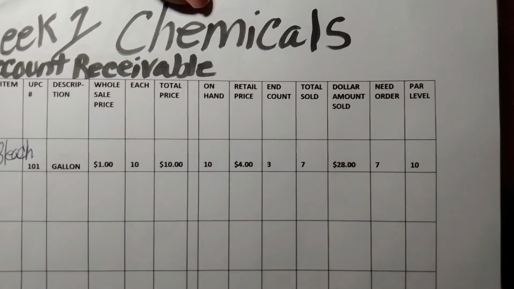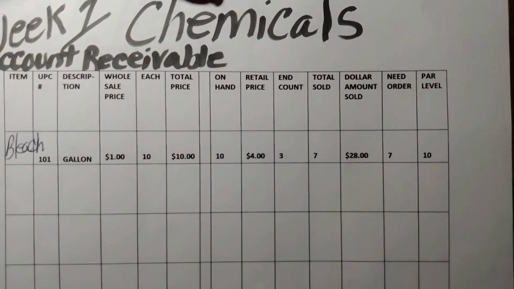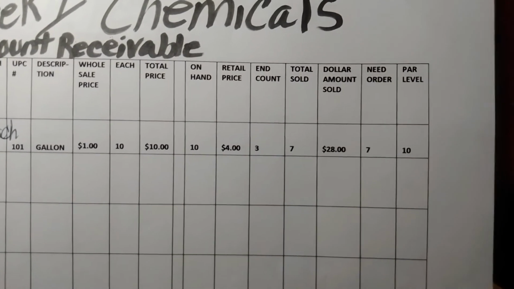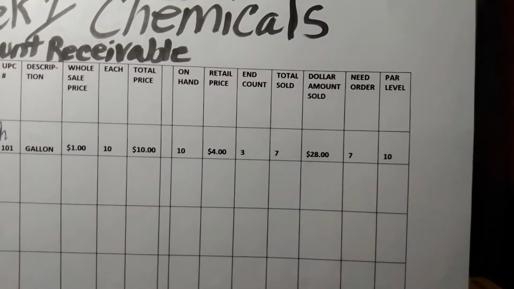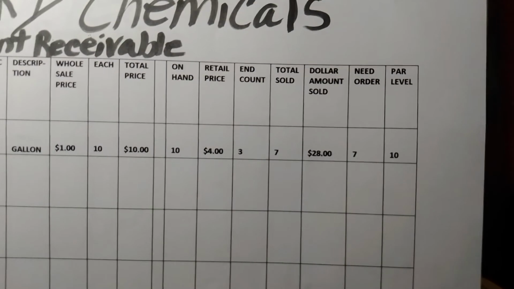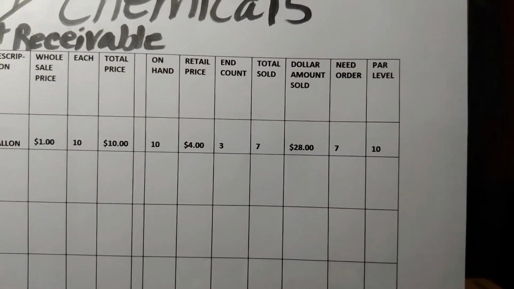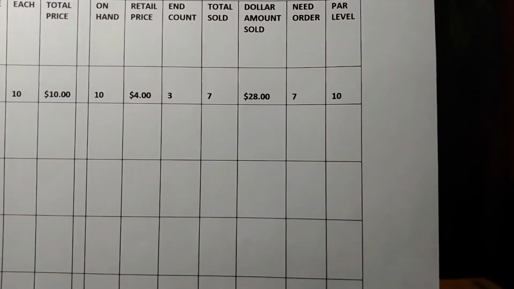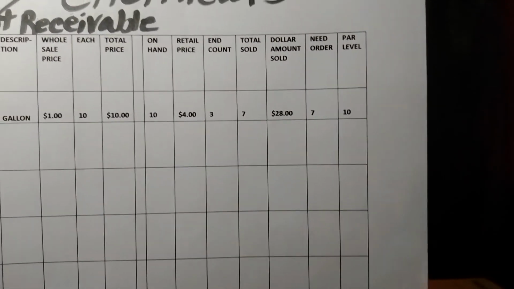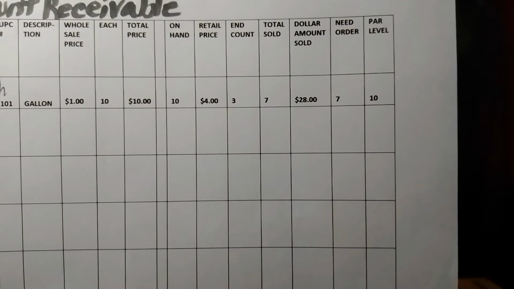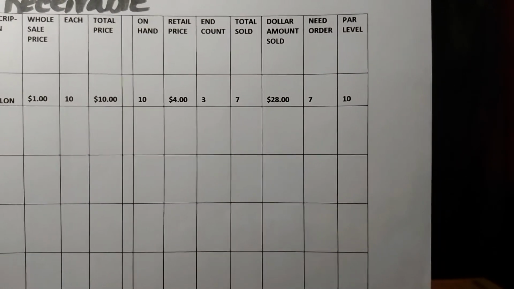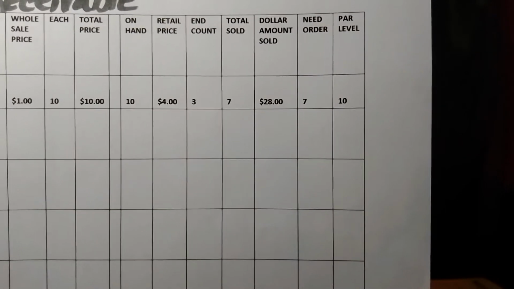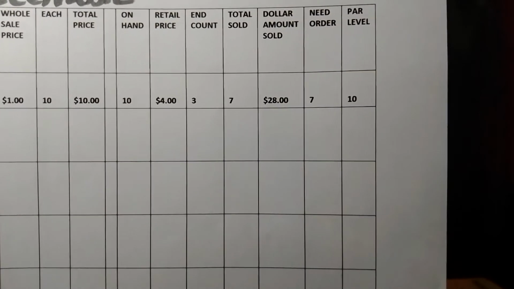When we went to count your inventory, you only had 3 left. So that means you see total sold, you sold 7. Your dollar amount that you sold is $28. Why is it $28? Because you sold 7 and they $4 a piece. So your dollar amount sold is $28.